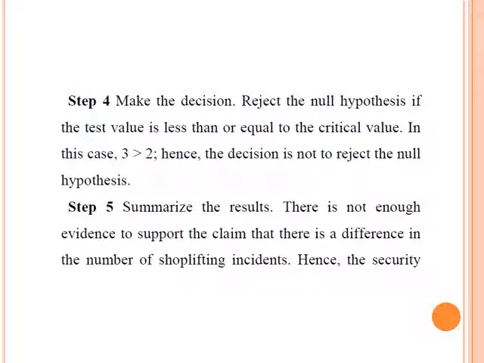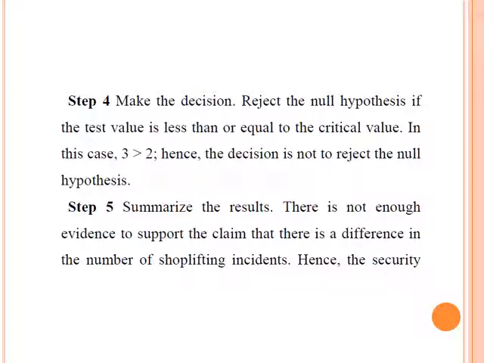Applying the decision rule, the decision will be not to reject the null hypothesis because the test value is greater than the critical value that we obtained from the table, in other words, the calculated value is greater than the tabulated value that we have from the appendix in your book.